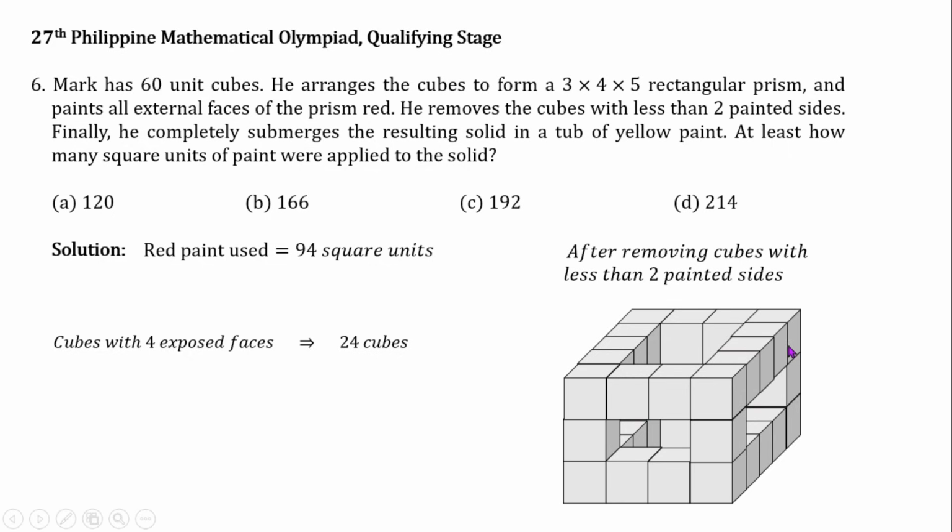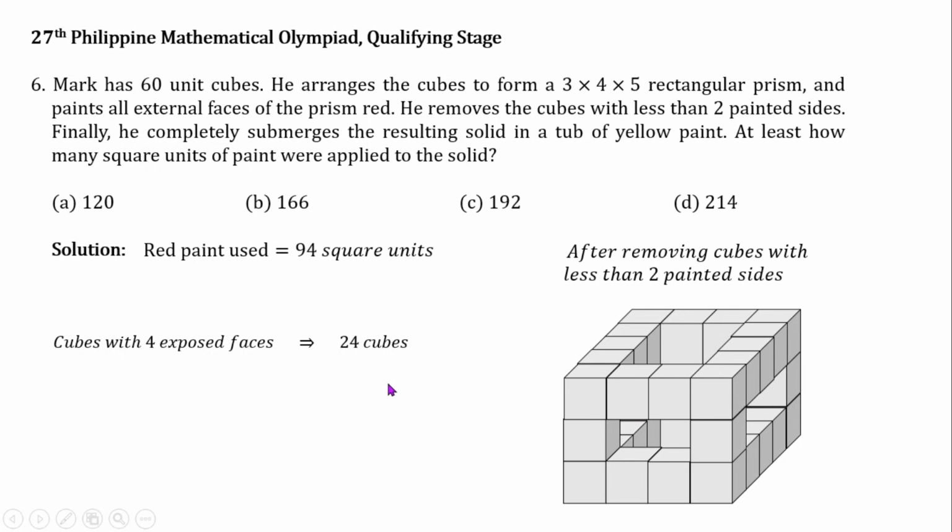Now, if you look at the two sides of the resulting solid, you can also find 6. For example, this one, 1, 2, 3, 4, 5, 6, and on the other side, there are also 6 of them. So this brings to a total of 24 cubes.